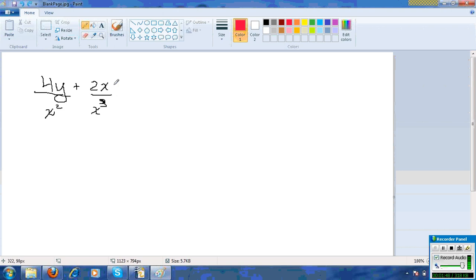Well, just like before, when we were working earlier, there's an x in the top and there's x to the third power in the bottom. Well, x to the third power is nothing more, another way of writing that, and what I'll do is say equals, to note that what I'm about to write is equivalent to what we started with.